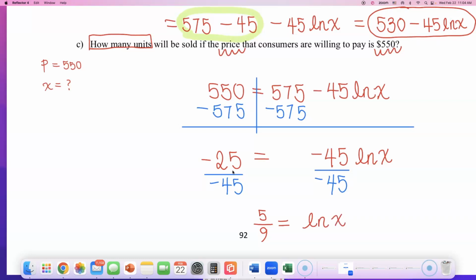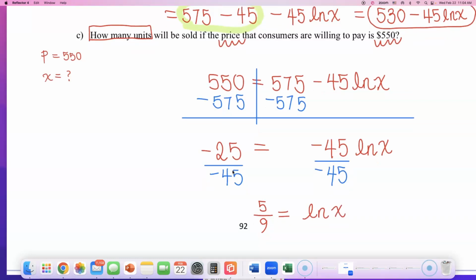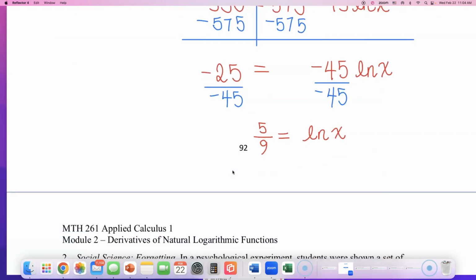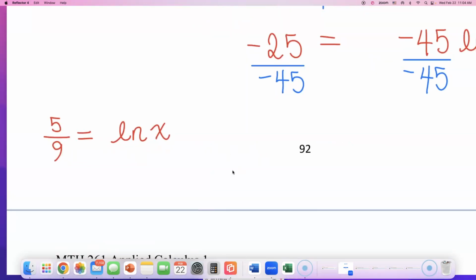Okay? So let's solve this by rewriting it in exponential form. If it says natural log of x is equal to 5 over 9, then we can convert this into an exponential form and say e raised to the 5 over 9th power is equal to x.